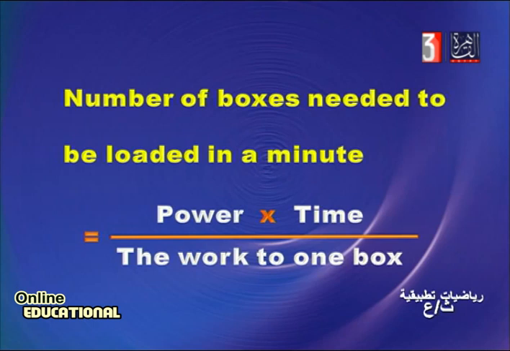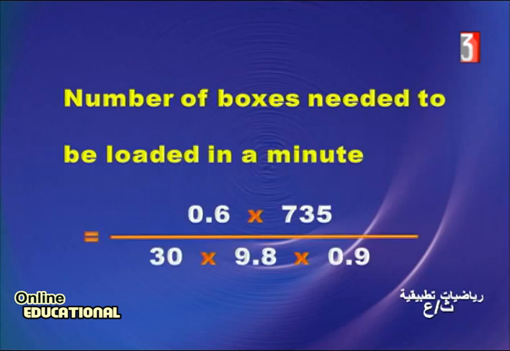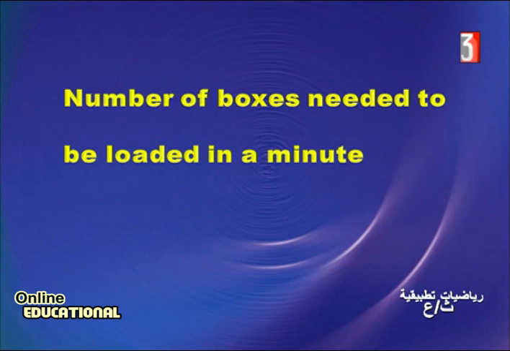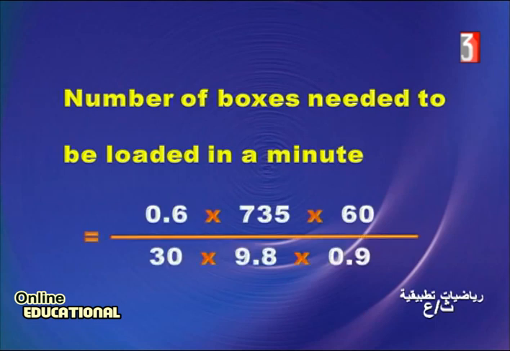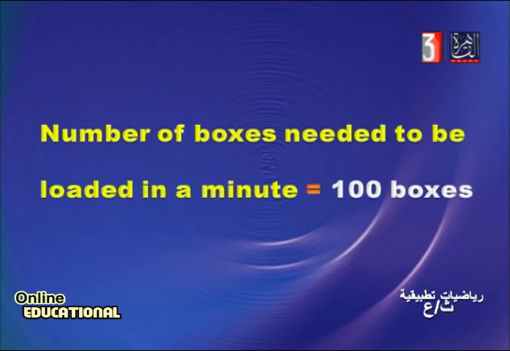Power equals 0.6 horse multiply 735, divided by 30 times 9.8 times 0.9, in a minute equals 0.6 times 735 times 60 over 30 times 9.8 times 0.9. Then we can use the calculator to find the number of boxes needed to be loaded in 1 minute, which equals 100 boxes.